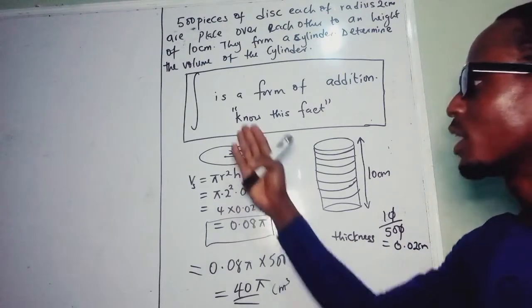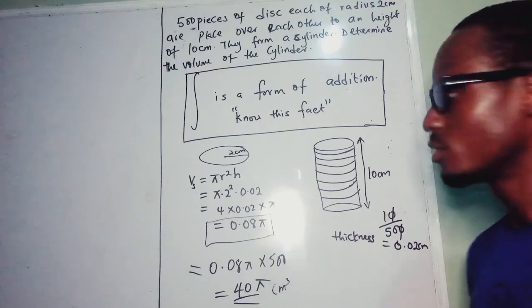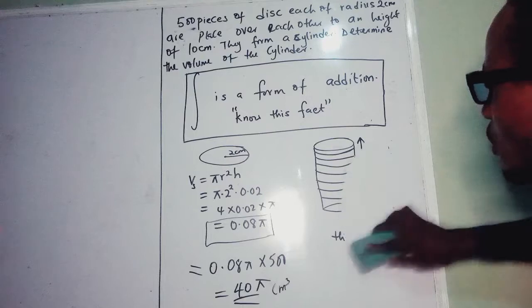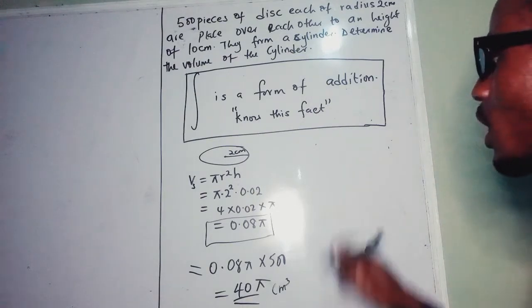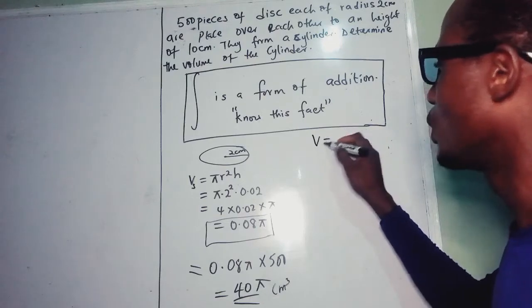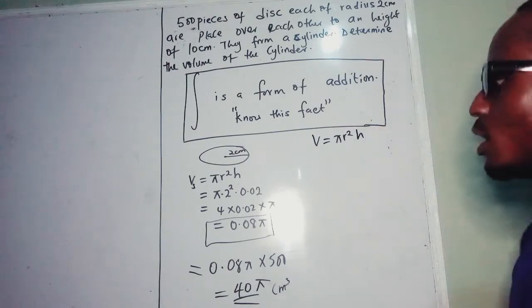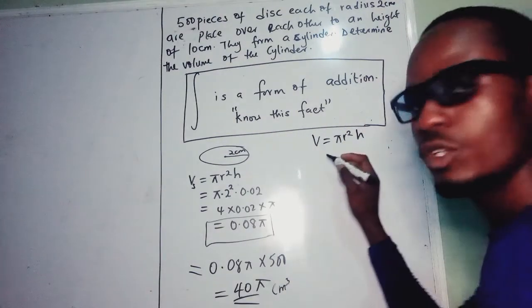Now, let us try the integration method and see if we get the same answer. By the method of integration, I know that the volume is pi r squared h. Let us assume we don't know the thickness of the disc.